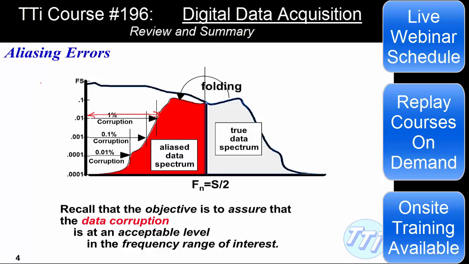And part of our experiment design is to determine what that is and determine what our actual bandwidth is that we can test over. Data between 0 and F sub D, the desired frequency range, is acceptable. Data above that frequency range is not acceptable, as the errors are too much for us to accept.